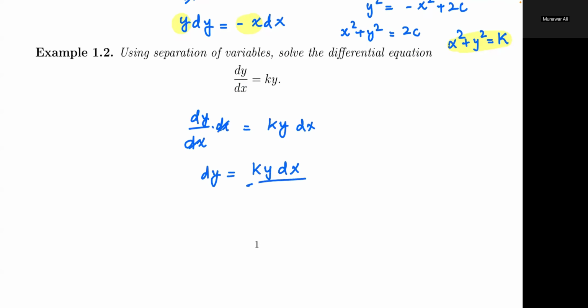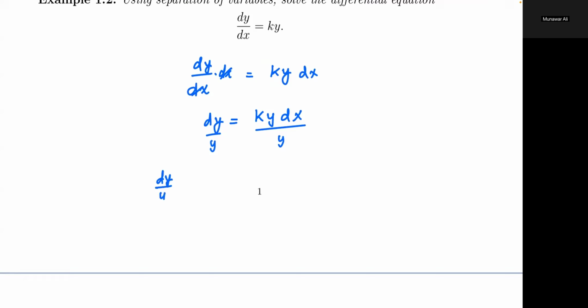So y divided by y. So dy over y is equal to k times dx. Okay, so the left hand side is a function of y, the right hand side is a constant k times dx. So if you want, you can keep that constant on the right hand side or you can take it on the left hand side. It doesn't matter because that's a constant.